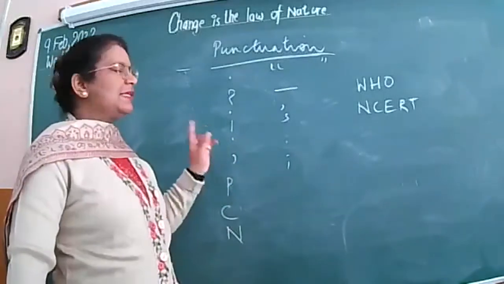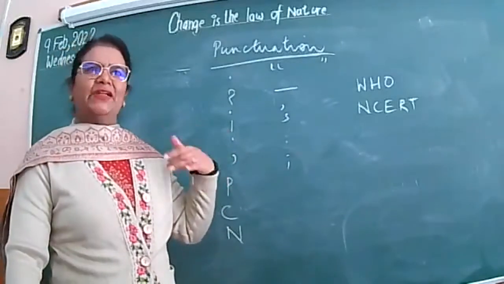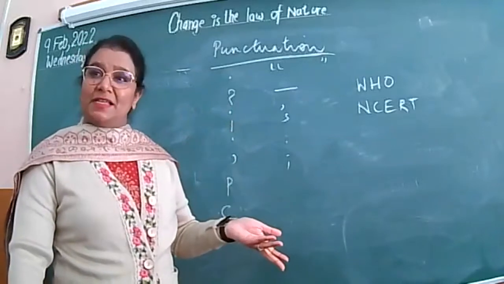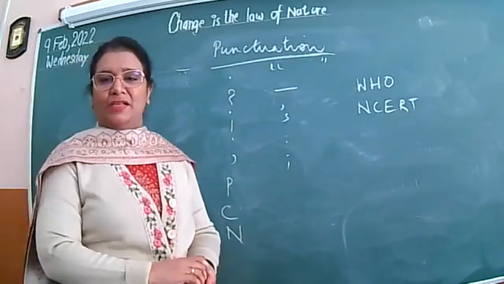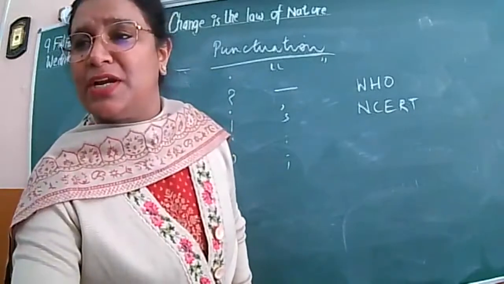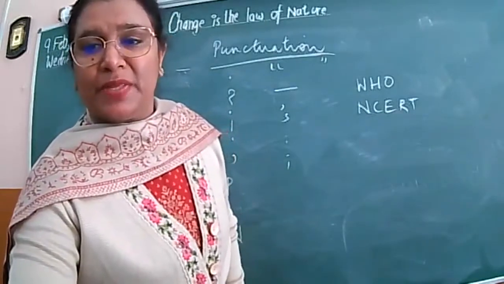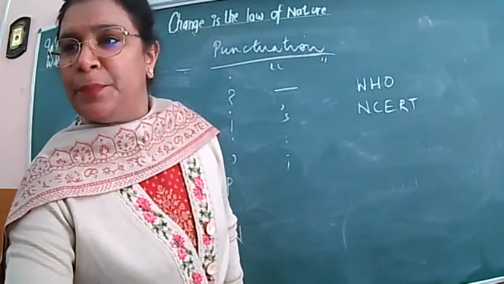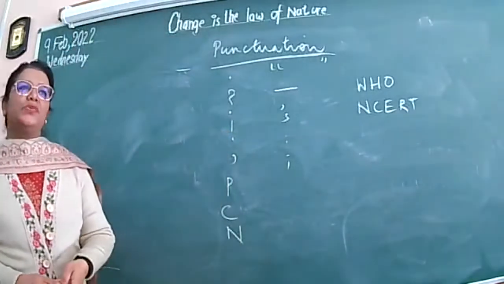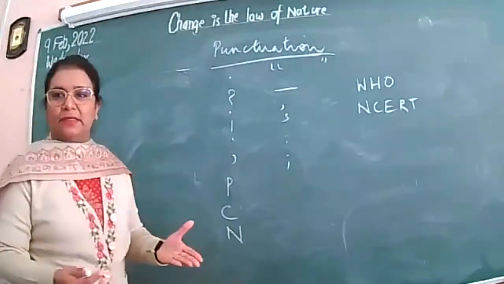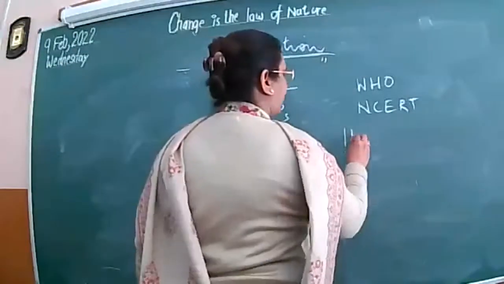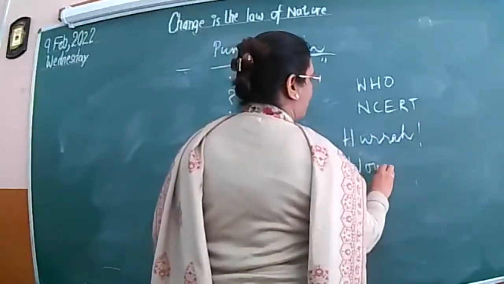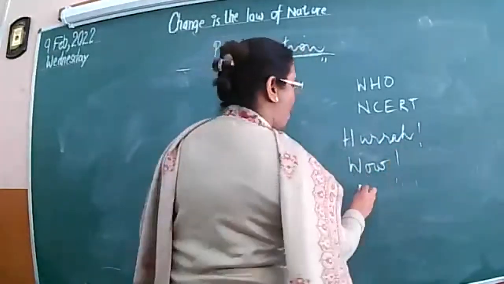Okay. Exclamation. What kind of sentences? Exclamatory sentences. So your joy, surprise, your extreme emotions that you want to show, isn't it? Even some words which are used to show extreme happiness or surprise or wonder, you have hurrah, wow, isn't it?